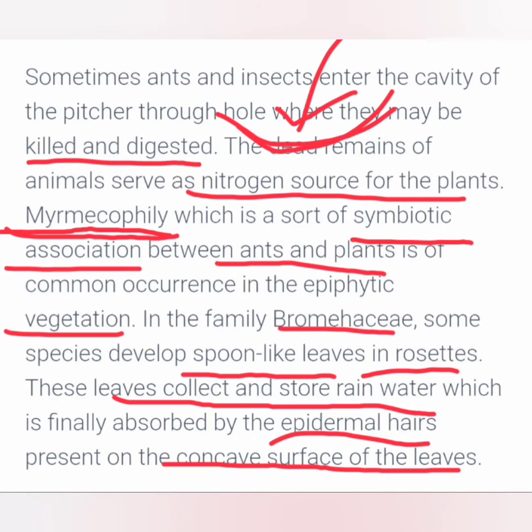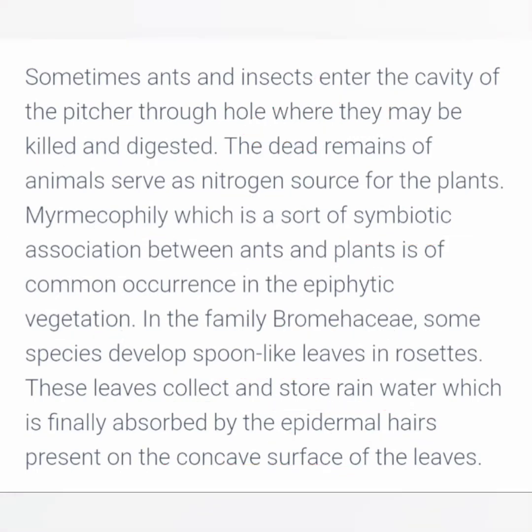Because as you know, the roots of these plants are not penetrating the soil, so the roots cannot perform the absorption of water and nutrients from the soil. That is why, for absorption of water, these spoon-like leaves help in storing and collecting the rainwater which will be absorbed by the plant.